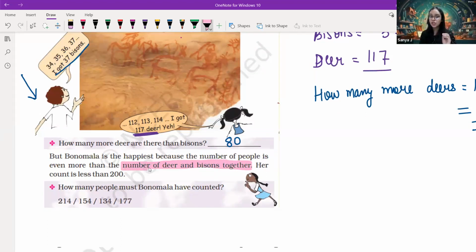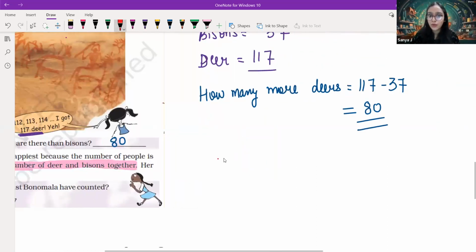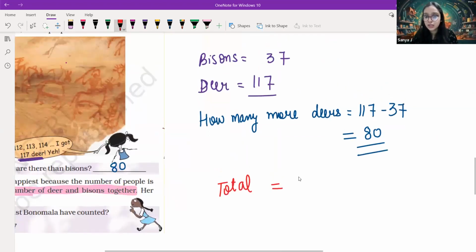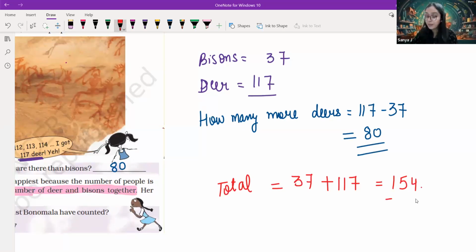Let's check what the total of deer and bisons is. The total is 37 bisons plus 117 deer. Let's add it. You all add it, and I get the answer 154. The total is 154.